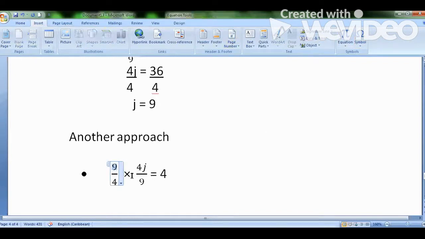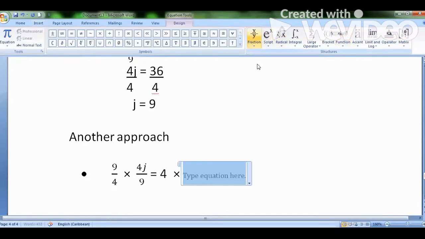This 9 and that 9 can cancel, not true? What about this 4? That 4 and that 4 can cancel. Everything can cancel out, left back what? Left back j. Would you agree? Yes, sir. So that is the other way. As a matter of fact, it's actually easier or quicker.